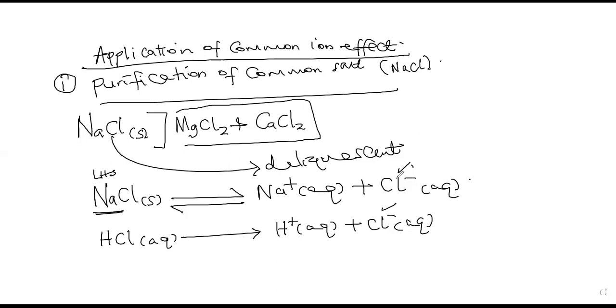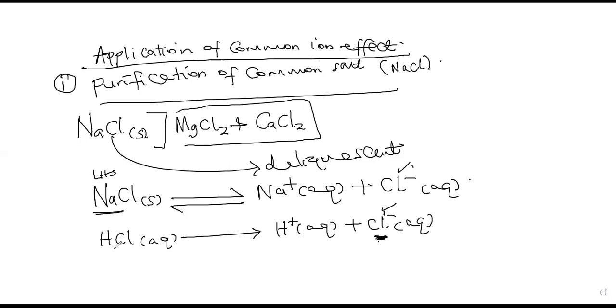So the excess chloride ions combine with the sodium ions to precipitate sodium chloride, which reduces its dissociation. That is how we purify common salt. There is no more dissociation of common salt; instead, we are maintaining our common salt.